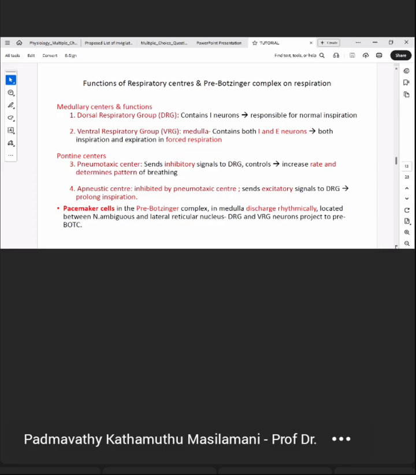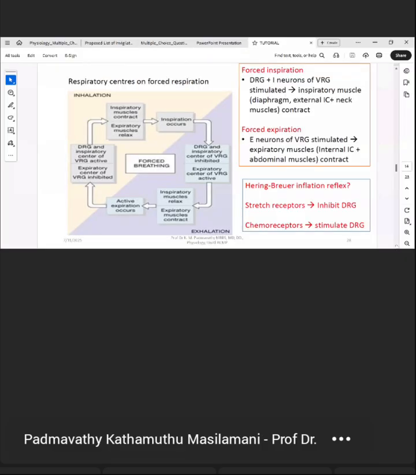Okay, so the respiratory center. For normal inspiration, the DRG is working, but for forced inspiration, you need to have the VRG also. So what are the centers involved in forced inspiration? In forced inspiration, the DRG plus the I neurons of the VRG play an important role and are stimulated.